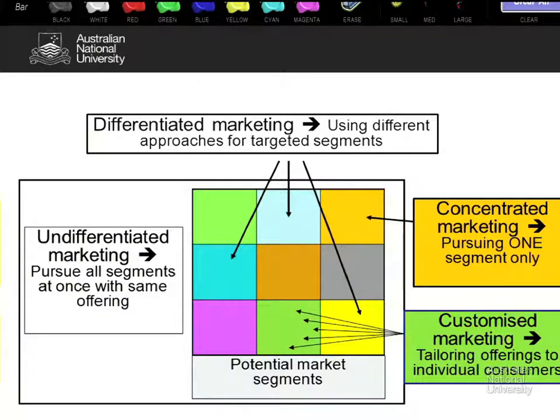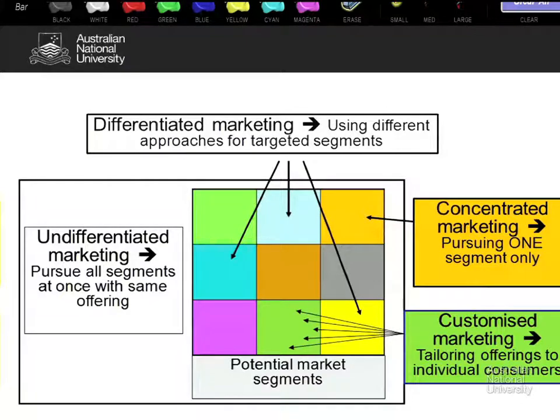Okay, so here's how it works. Undifferentiated marketing, let's talk about this one at the top. Undifferentiated marketing is a really crude approach, and it's also a crude way to describe something like, say, Coca-Cola or Pepsi.